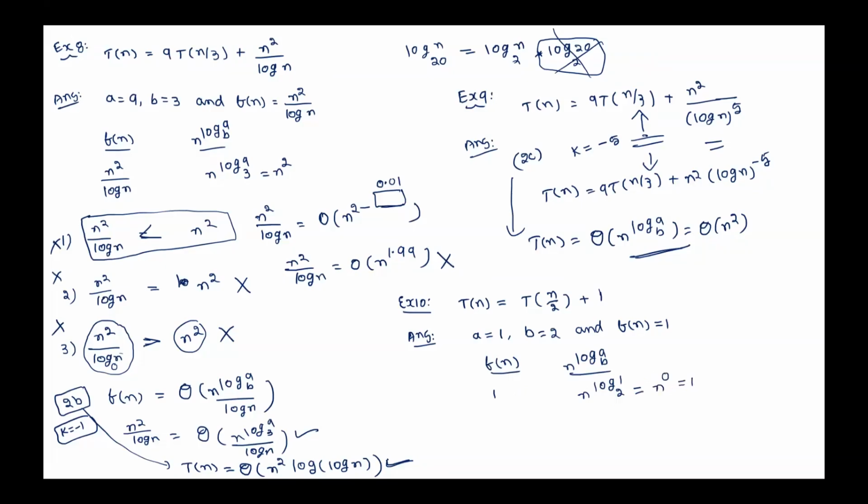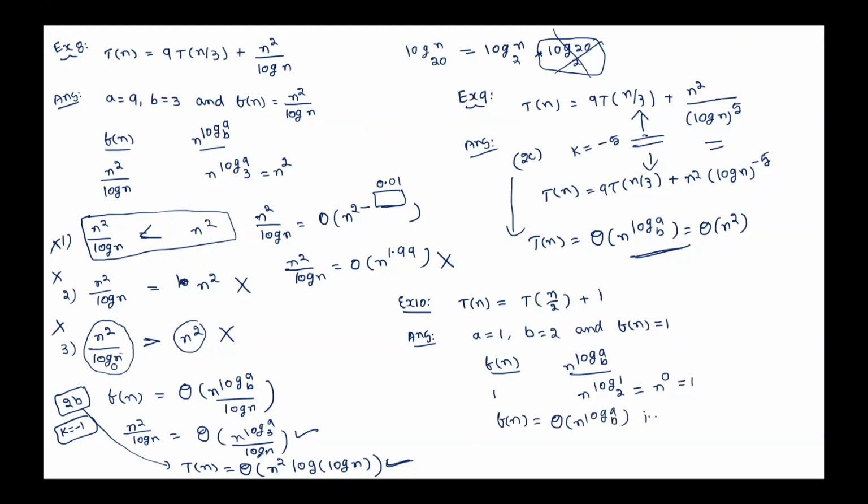What can you say about the order of growth of f of n and n power log a base b? Both are same. That means f of n can be written as theta of n power log a base b.